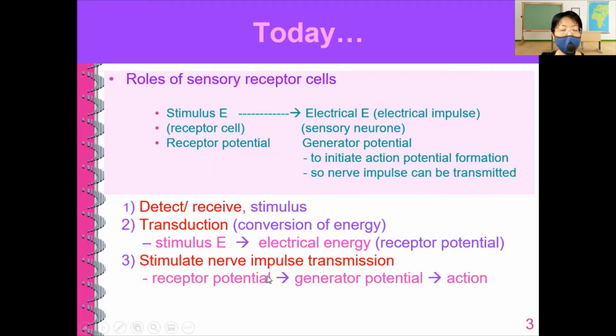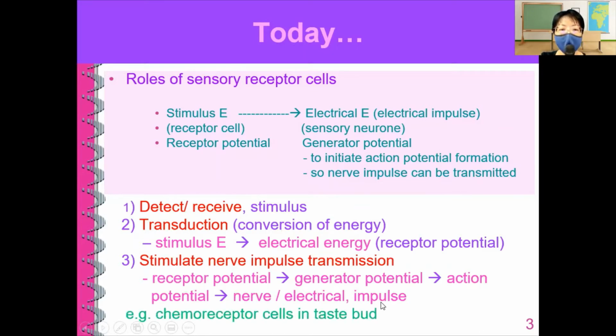So the receptor potential becomes a stimulus, causing a generator potential to be produced in the neuron, and then sending an action potential along the neuron in the form of a nerve or electrical impulse. We are going to look at chemoreceptor cells in the taste bud, how this entire process of receiving stimulus, transduction, and then stimulating nerve impulse transmission can occur.